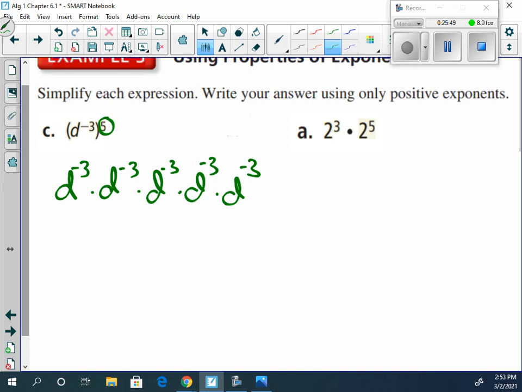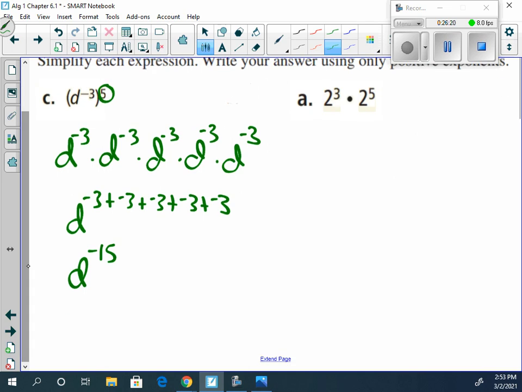Because if we did it this way, it would just be negative 3 plus negative 3 plus, well, 3 plus 3 plus 3 plus 3 plus 3. 3 plus 3 is 6. Plus 3 is 9. Plus 3 is 12. Plus 3 is 15, and it would be negative because they're all negative, yes?